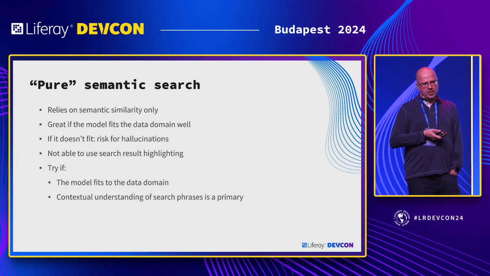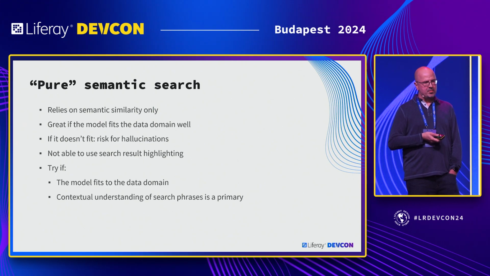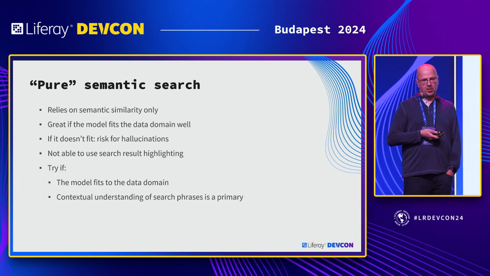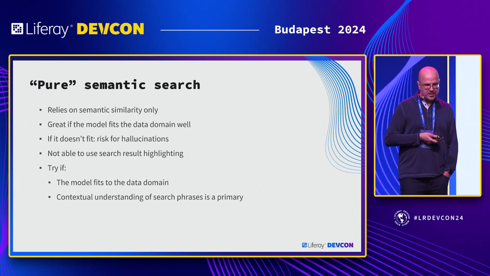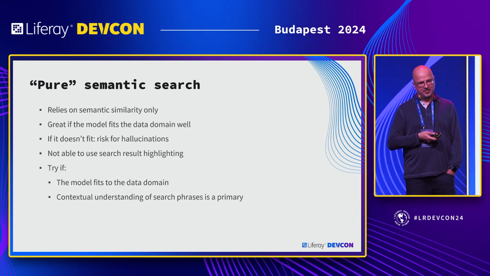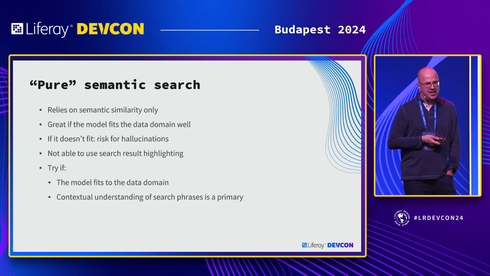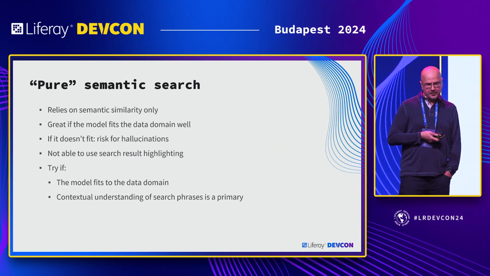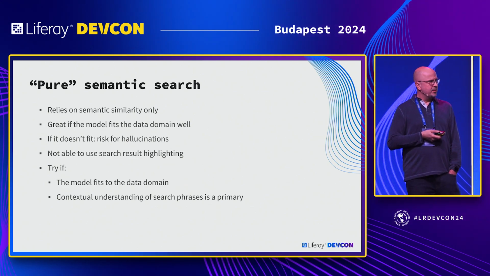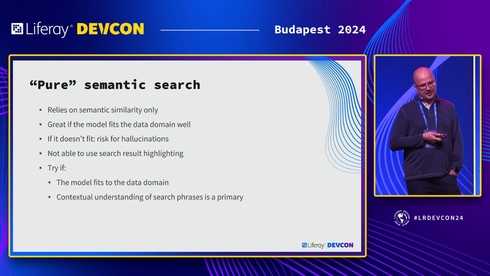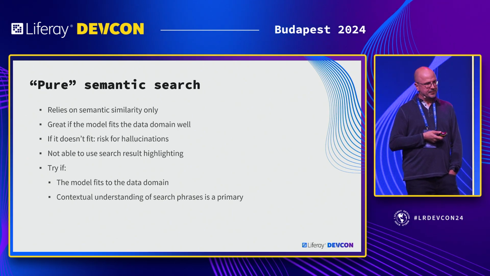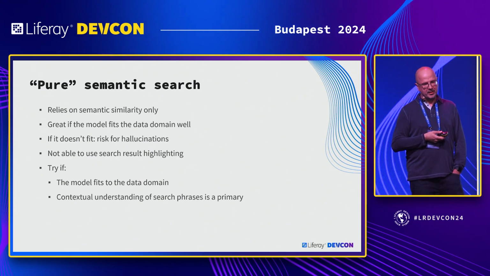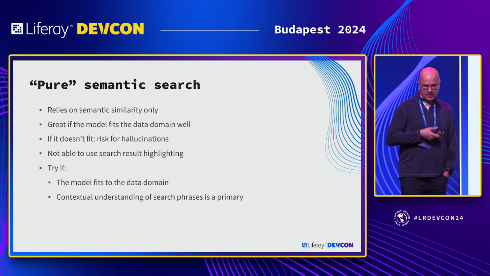Then the pure semantic search approach, this relies on semantic similarity only. And this is great if the model fits the data domain well, but if it doesn't, it can produce confusing results. And a thing to remember here is that with this approach in Liferay, you won't get search results highlights.